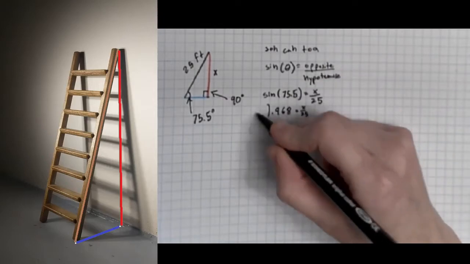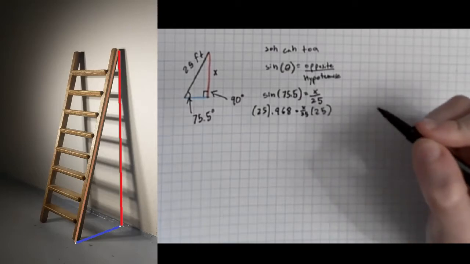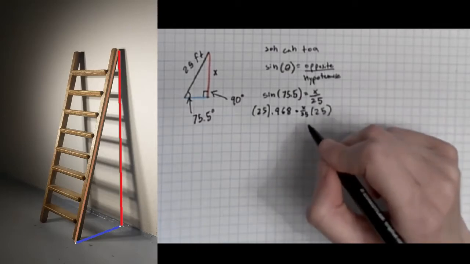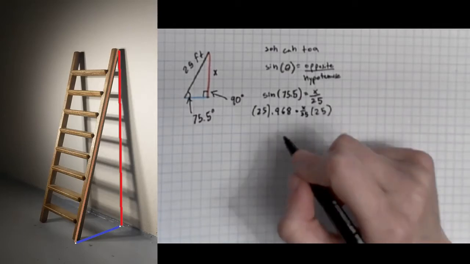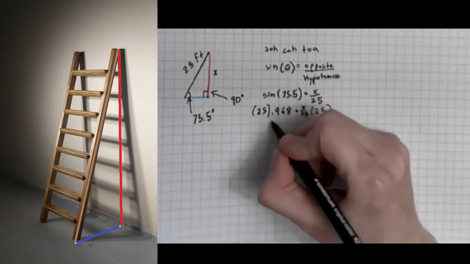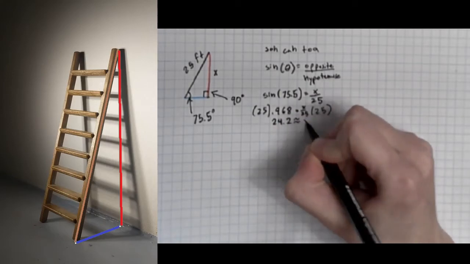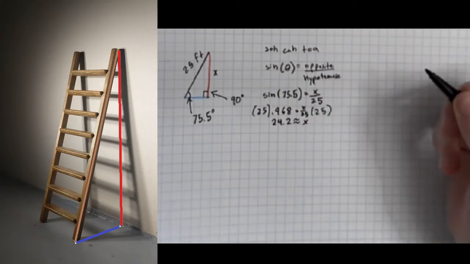And then we're going to multiply 25 on each side. This may be hard to read, but yeah. So from here, we're going to get 24.2 approximately equals x.